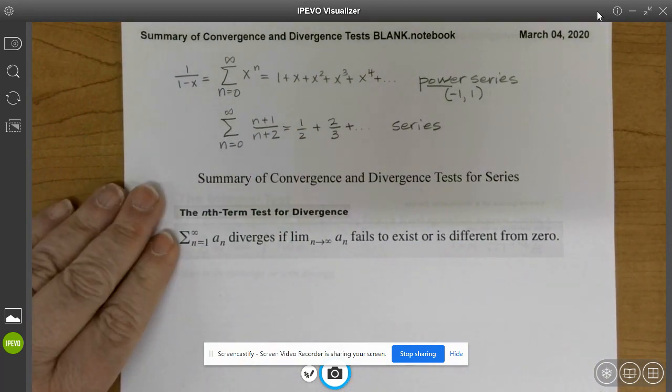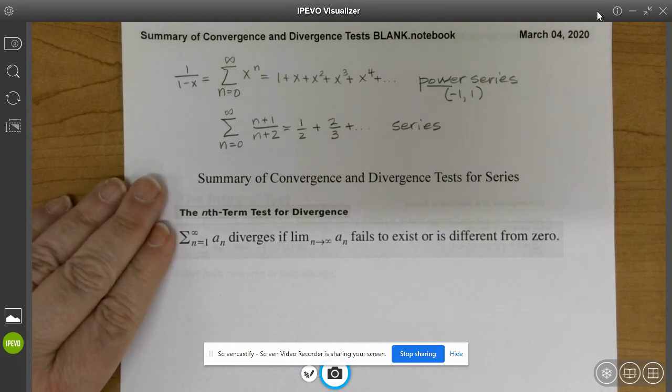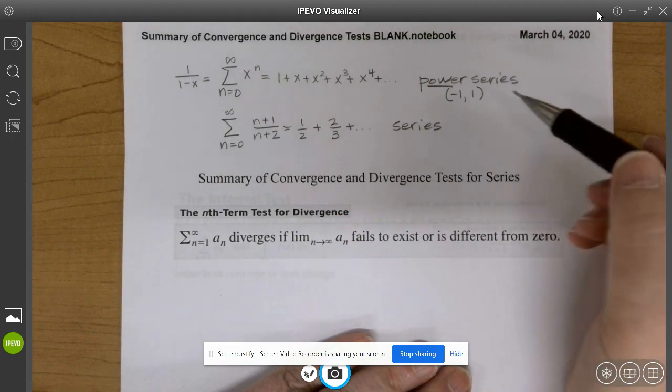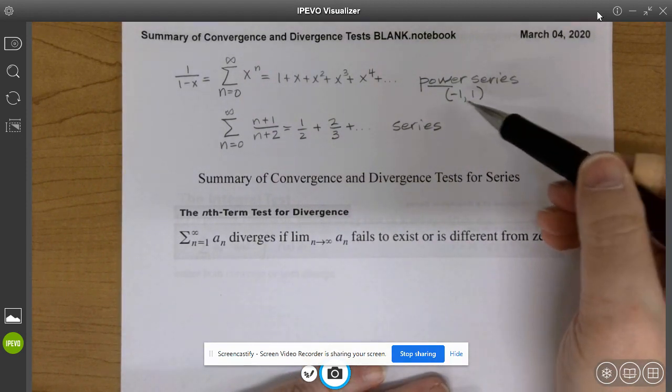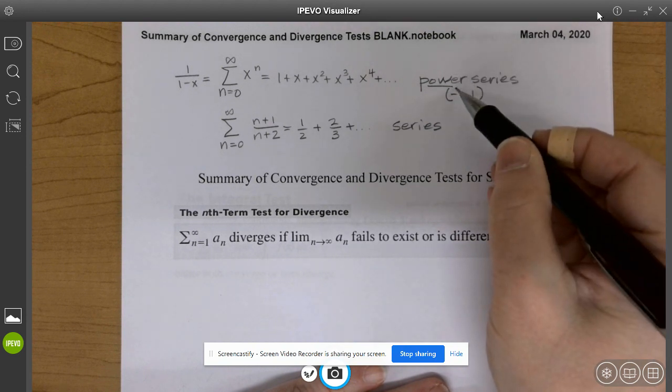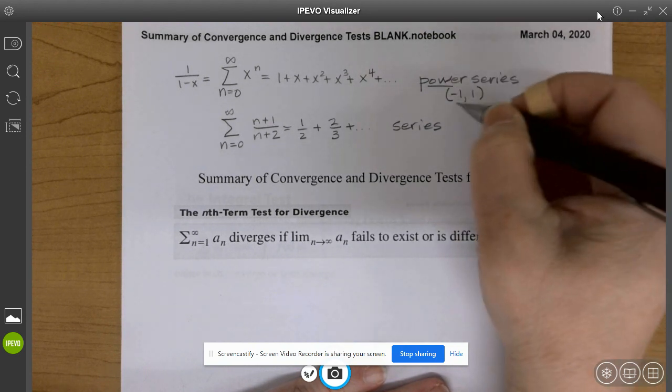Now you might be asking, why do we care when regular series diverge or converge? Well, the next time that we get together, we're going to talk about the interval of convergence for power series, and that they might converge at the endpoints of their interval of convergence.